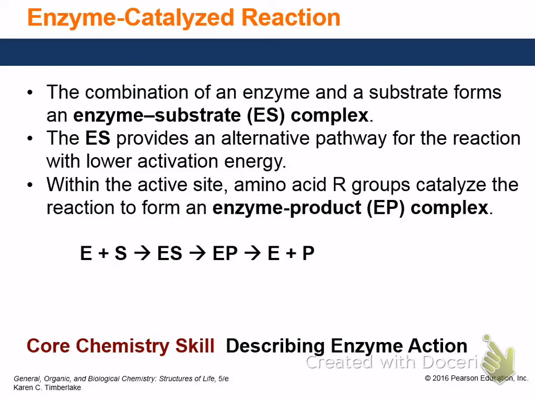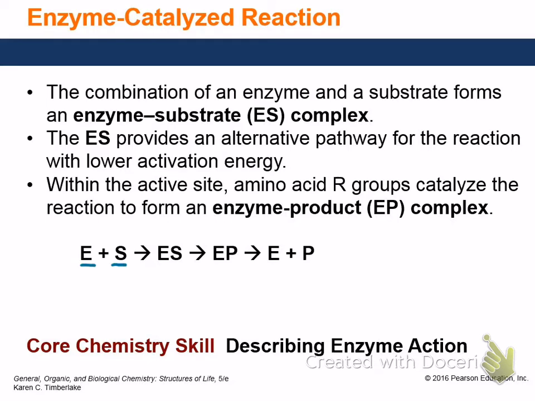So this may be a little bit more complicated than it needs to be, but think about how an enzyme works. This is just some terminology. You have the enzyme and you have the substrate, and the two come together, and that doesn't necessarily mean the reaction happens. So I'm going to try to explain on this diagram what's going on. This is the enzyme, and that's the substrate.